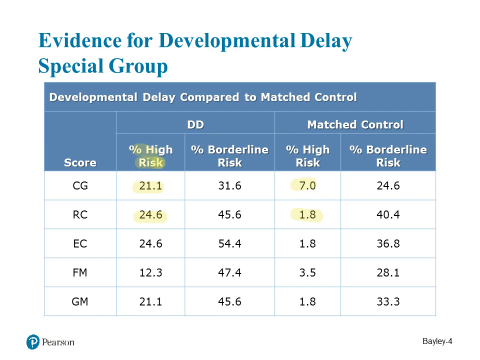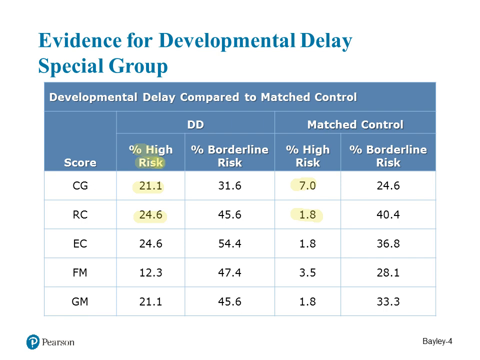So again, just as you would have predicted, you see that there are more children in the developmental delay group who were identified as high risk, so their scores actually predicted that they would be at risk for a developmental delay, and we know in fact that they were already diagnosed with a developmental delay compared to children who did not have such a diagnosis.